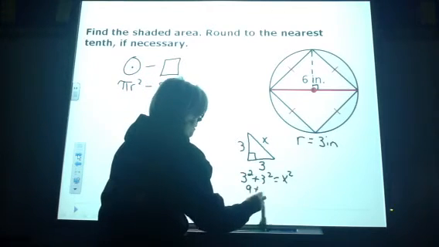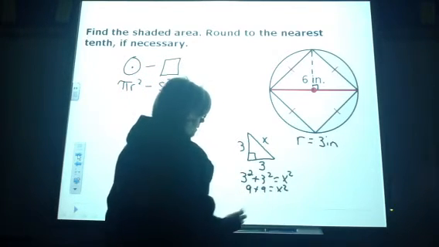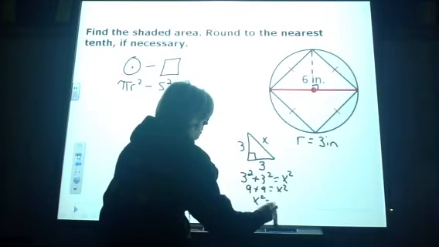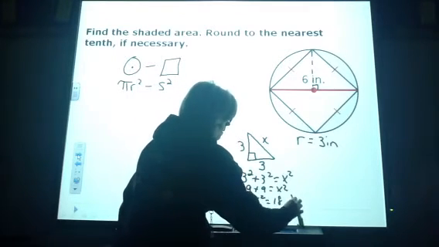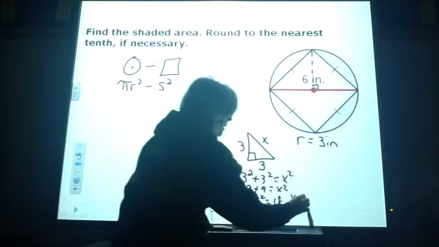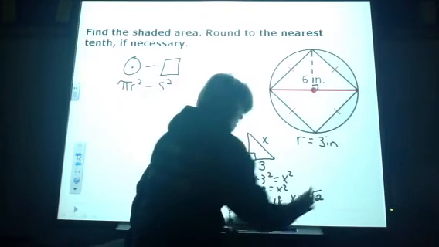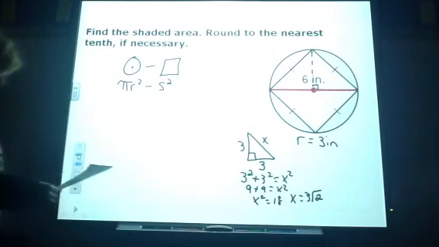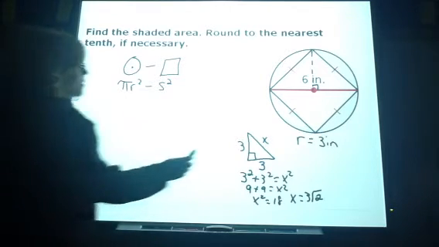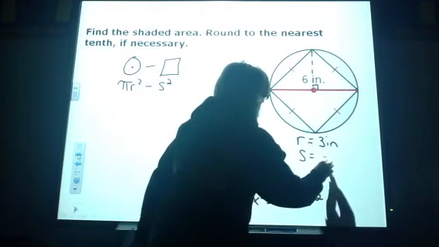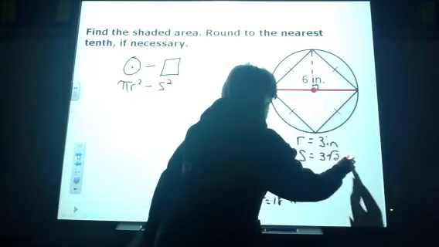So 9 plus 9 equals x squared. So x squared equals 18. Therefore, x is going to be 3 square root of 2. So our side here is 3 square root of 2 inches on that square.